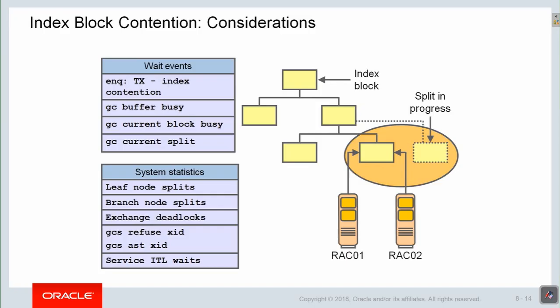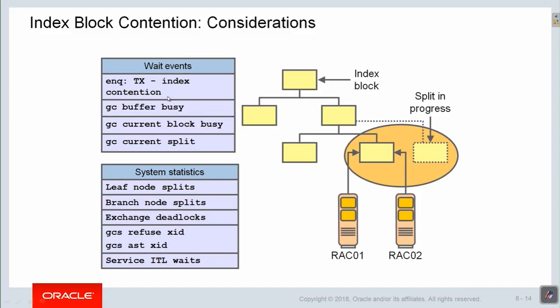But if you have a table with a large number of indexes that are not selective, then every time you insert from multiple instances, your indexes also must be updated and transferred across multiple instances.